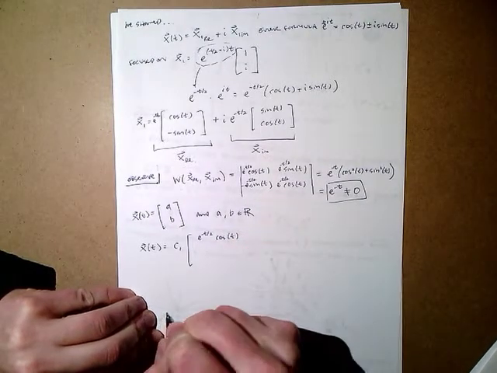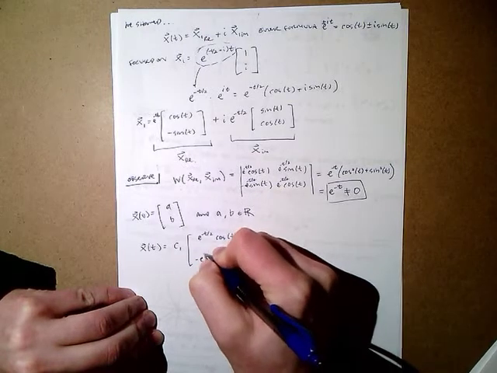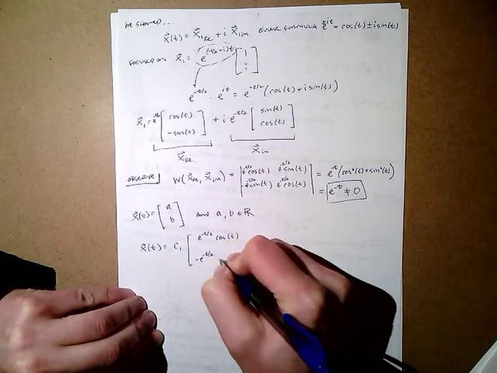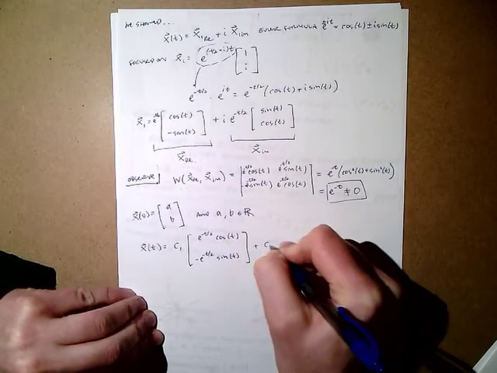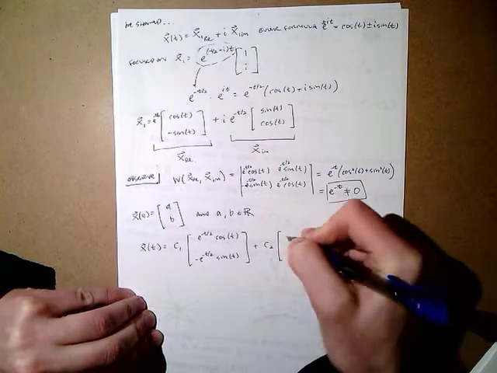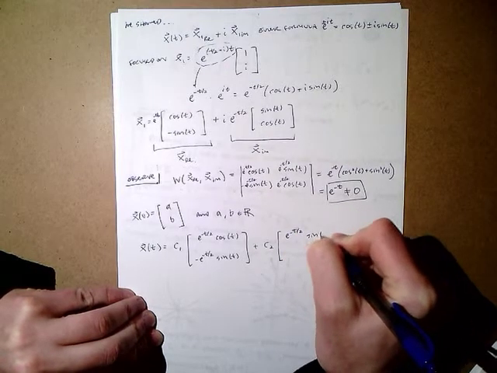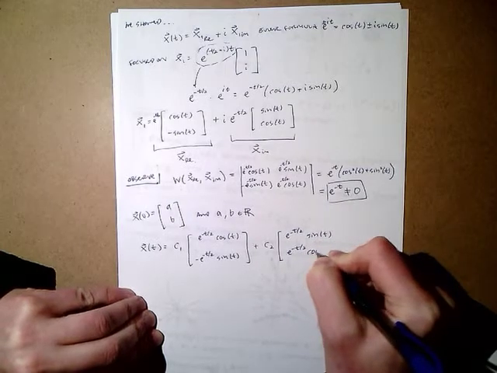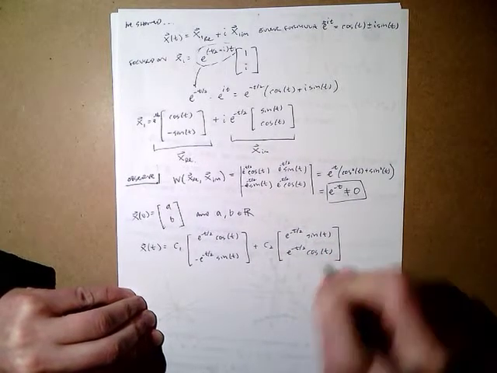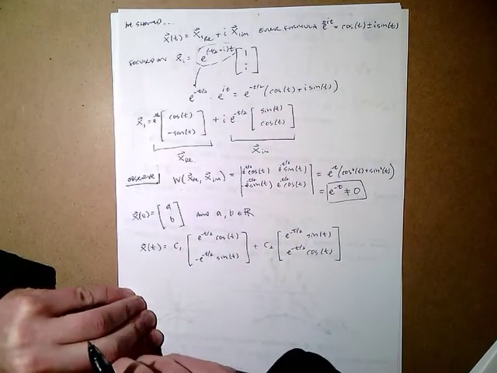So I can take the real component, multiply that by c1, and then add that to c2 times the imaginary component. And in this case, I'm just ignoring the fact that this might be complex, right?